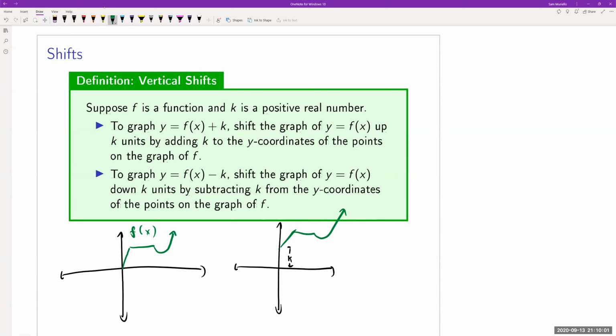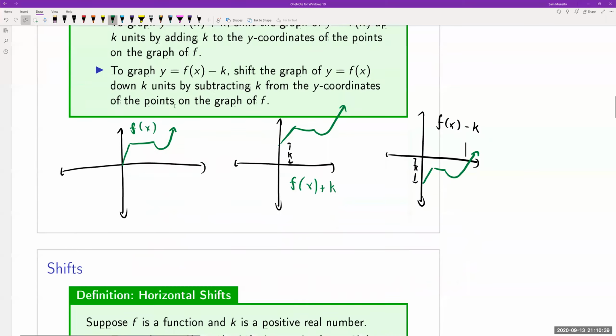If this right here was k, then I would say this is the graph of f of x plus k. We could also consider a shift downwards. This would be the graph of f of x minus k. Notice in each of these cases, the domain has not changed because I've only shifted the function up or down. This may end up affecting the range.